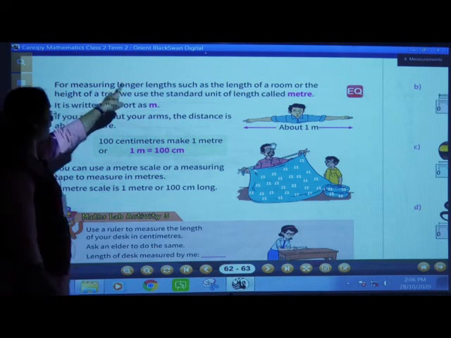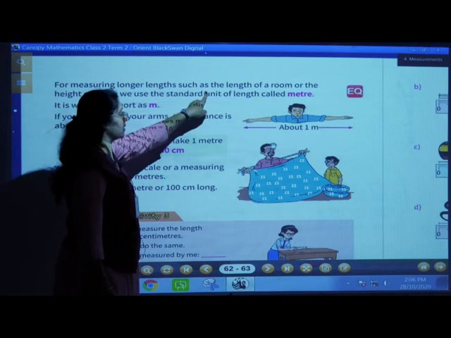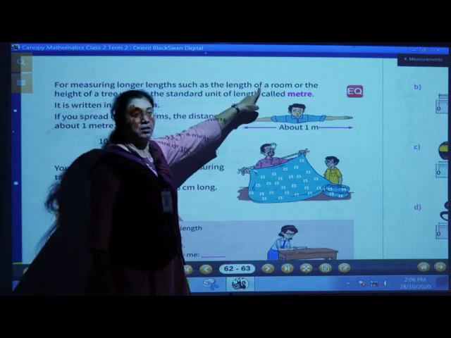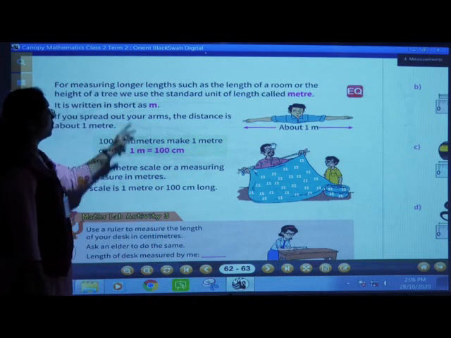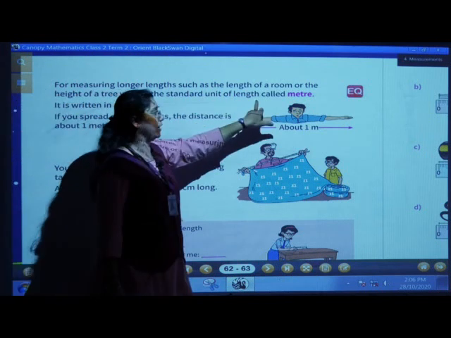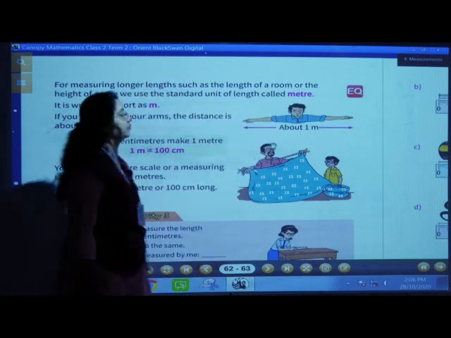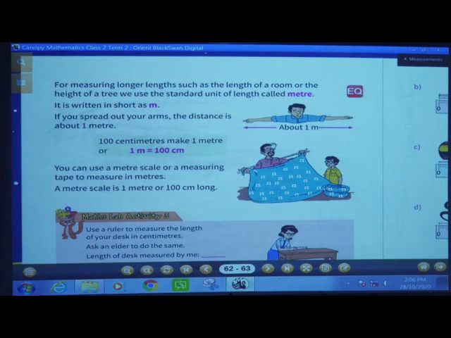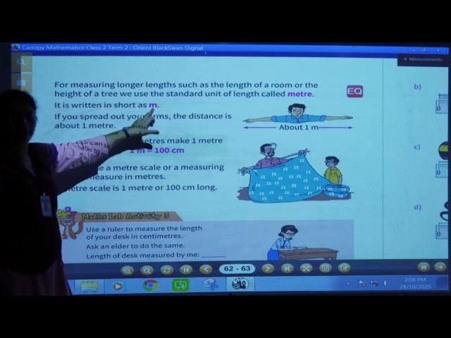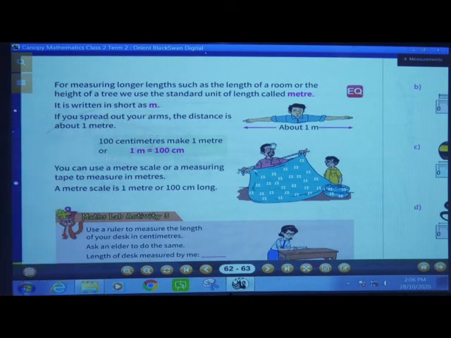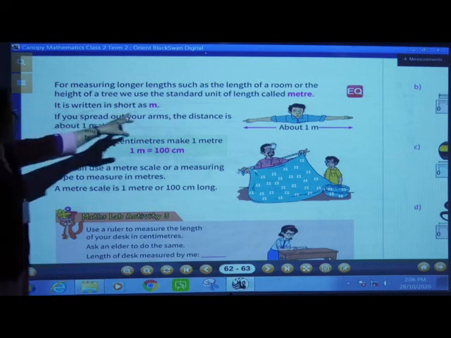For measuring longer lengths such as the length of a room or the height of a tree, we use the standard unit of length called meter. What is the spelling of meter? M-E-T-R-E. Meter. And it is written in short as small letter m.